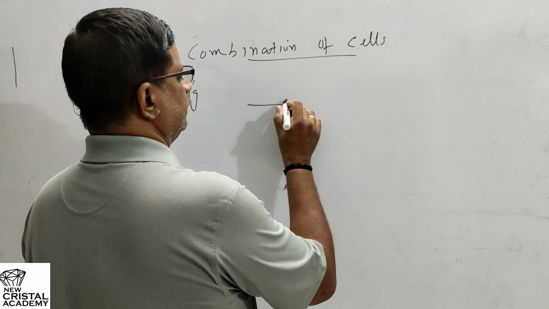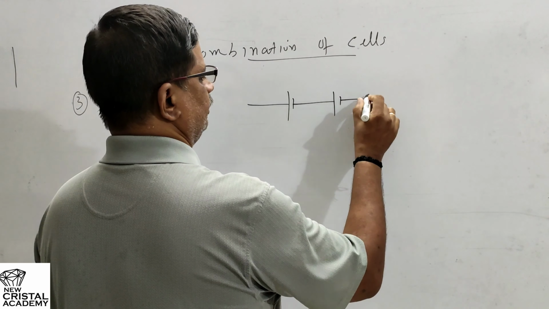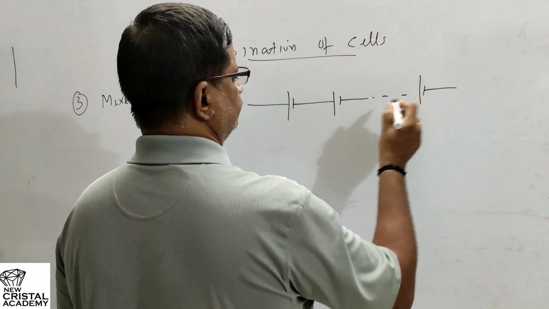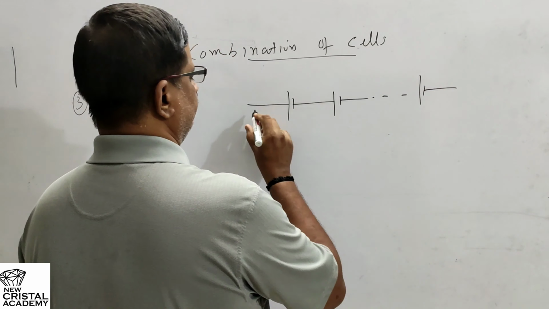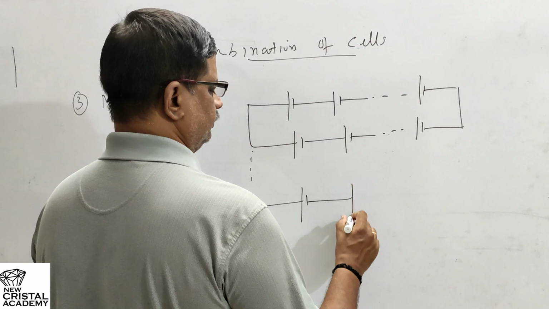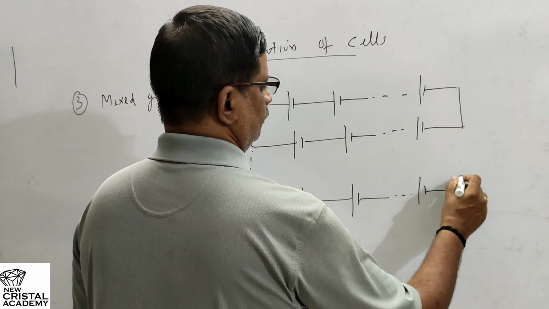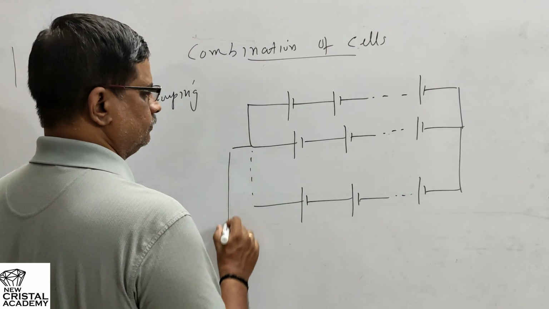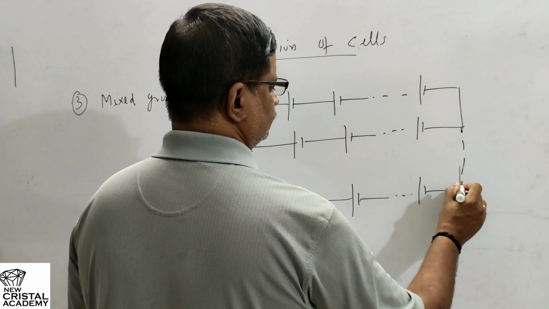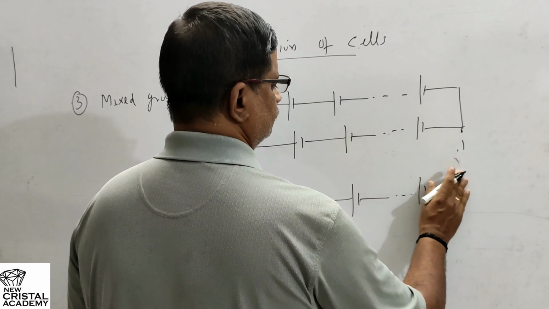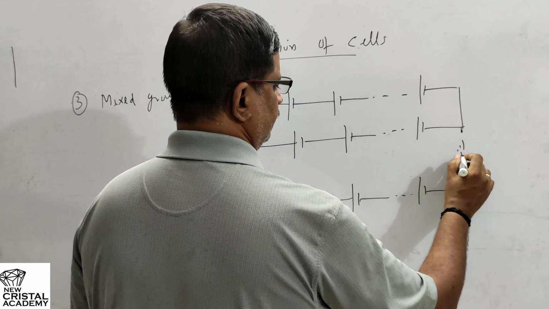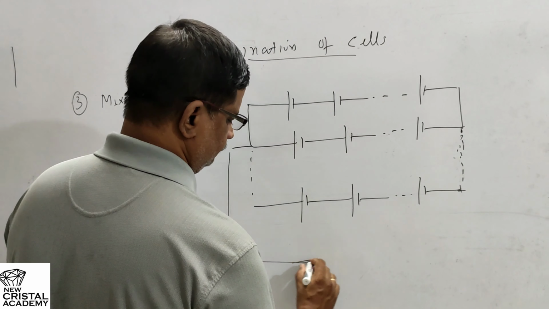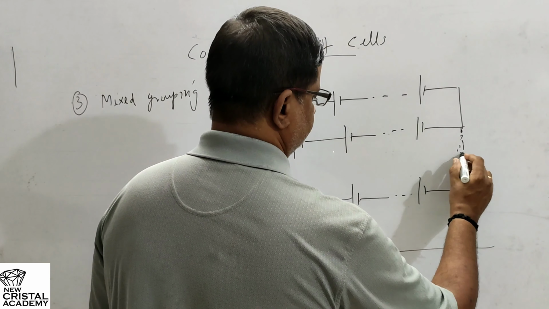So as the name suggests, there are n identical cells, each of EMF E and internal resistance r, connected as m rows. In each row we have n identical cells, and there are such m rows in parallel, and the combination is connected across an external resistance capital R. So this is our external resistance.